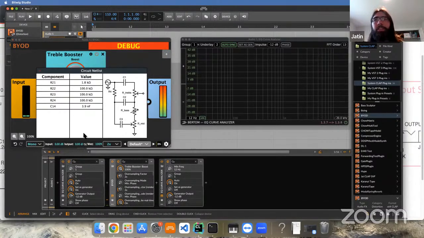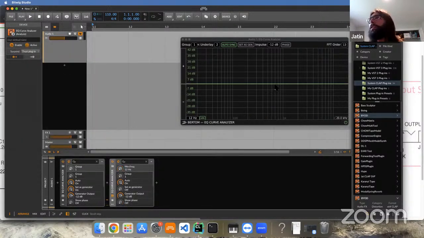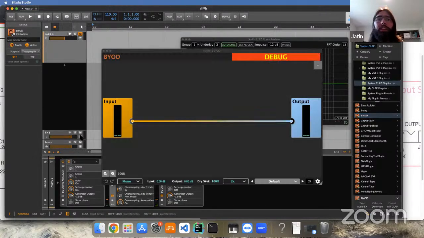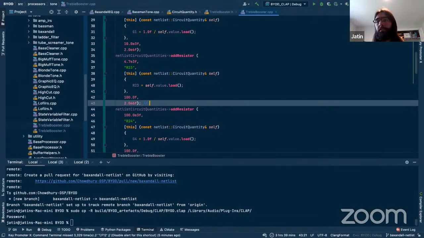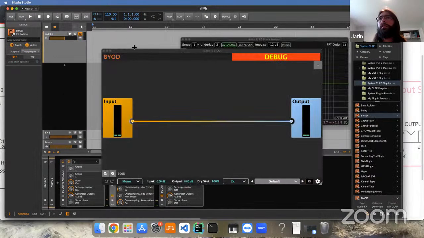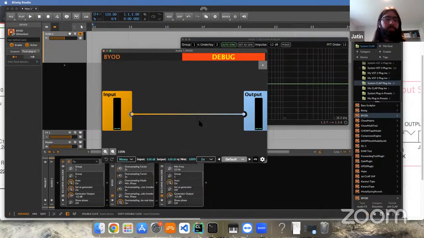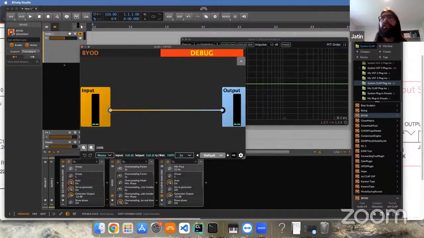Let's come back to that one, there's something I want to try with R23. So let me leave a comment to myself: blows up between 80 and 100K. Okay, Ethan blew it up by changing the pot from 10K to 100K.